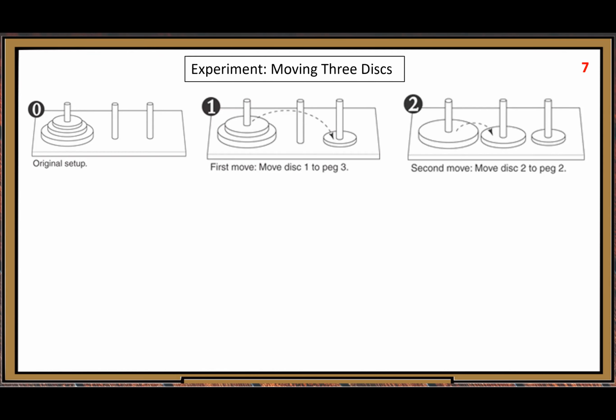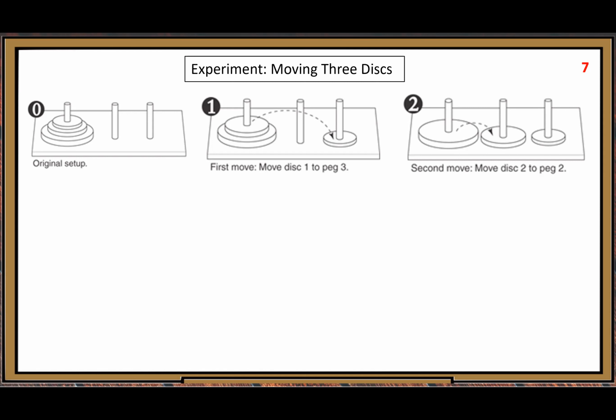Step 2, second disk, we can only place it on the middle peg, not the right peg, because you would violate the rule, right? So you can only place it on the middle peg.